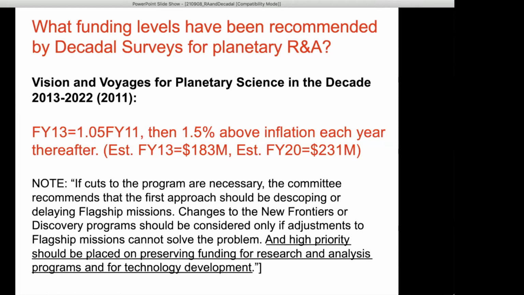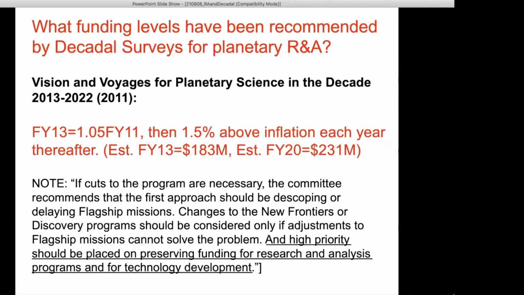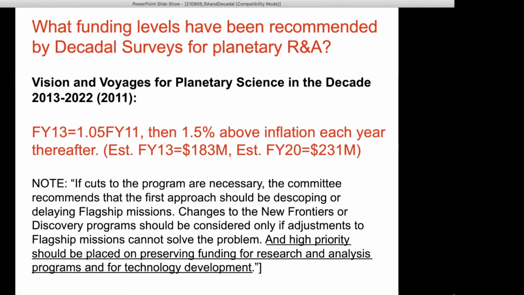So in FY13, it was 183 million. Oh, no, that was the recommendation. Right. So what did the flight end up at? That's what I'm looking for. We can go back to that, but the flight divided by 4, averaged over the last 3 years, you get somewhere between 517 and 599. Oh, okay, that was that number.